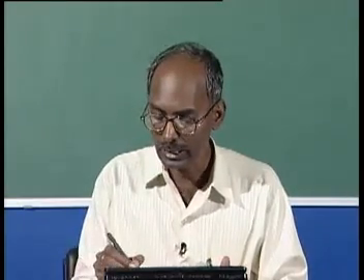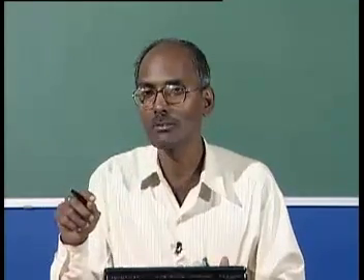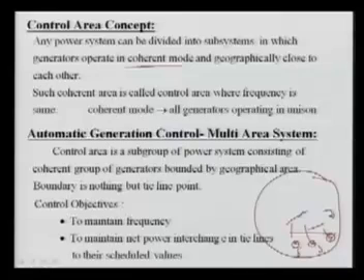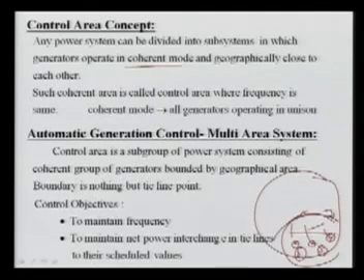To meet this, the angle delta will change and settle, and it will take some time. So the relative speed deviation among them is 0. Then we can say it is a coherent mode, and also they must be geographically close. Then we can say this is one control area, and we can have another control area here.